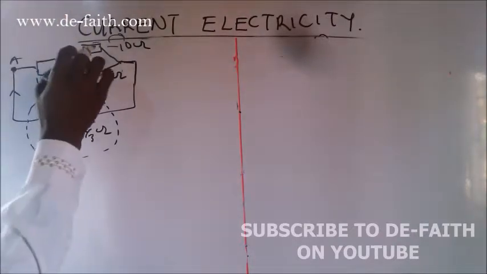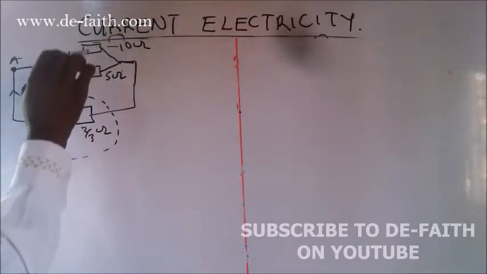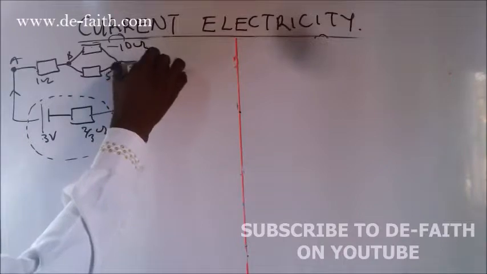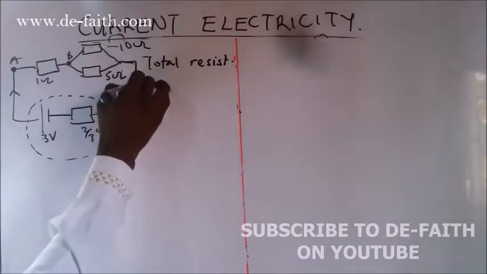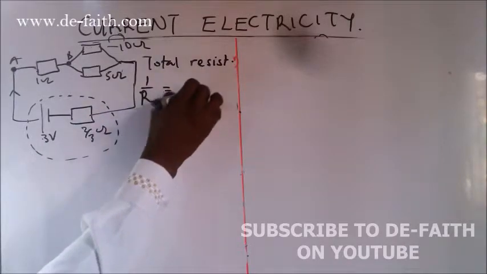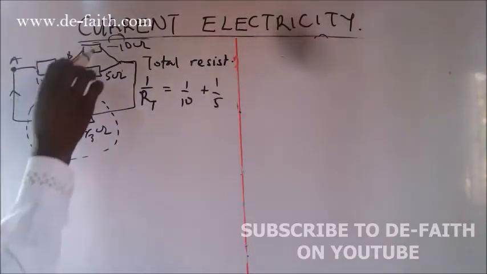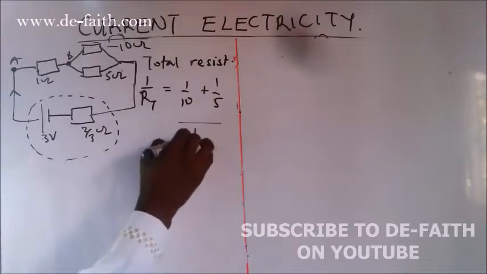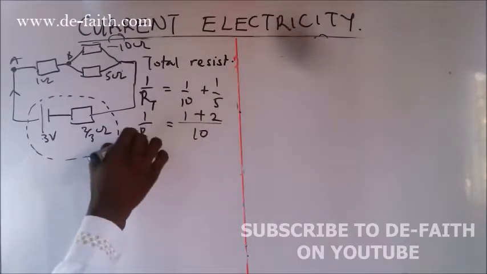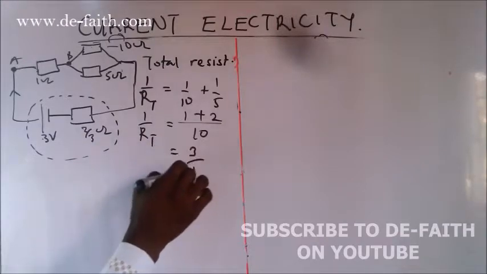First, let us calculate the total resistance of these parallel resistors. So we have 1 over total resistance equal to 1 over 10 plus 1 over 5 for the parallel. So here we have 10, 1 plus 2, 1 over RT, so that will be 3 over 10.